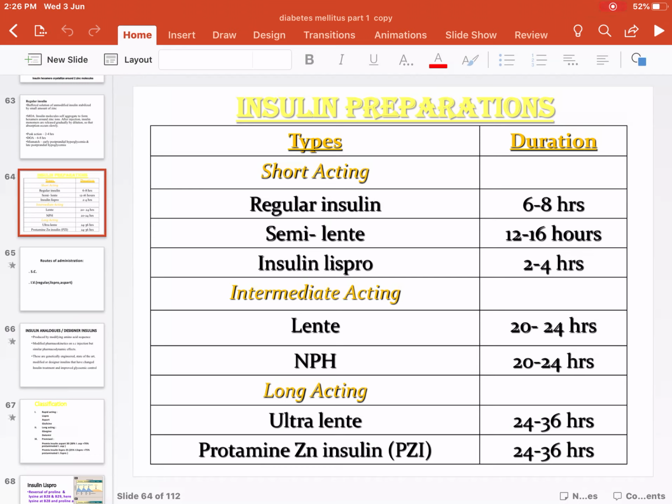If we add protamine, it becomes longer acting. Protamine zinc insulin acts for 24 hours. So these are insulin preparations. We have made regular or human insulin shorter or longer acting by adding molecules like zinc or protamine. So we get regular insulin, lente, ultra-lente, NPH.